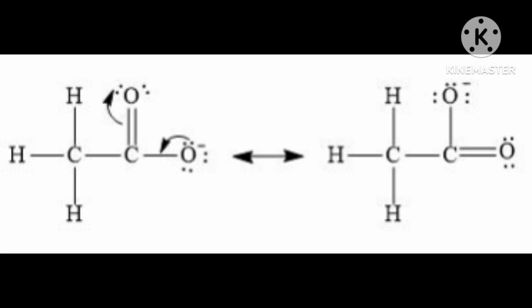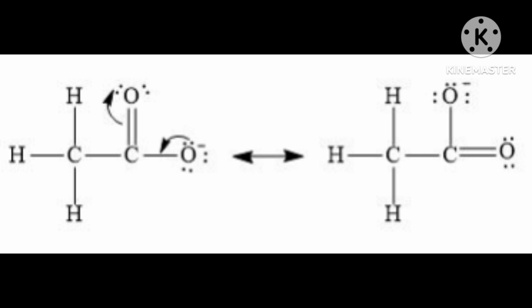One bond is breaking, and both carbons will take one electron each. The first and second carbon come together to make a double bond, and the C and O bond's two electrons will be taken by oxygen.